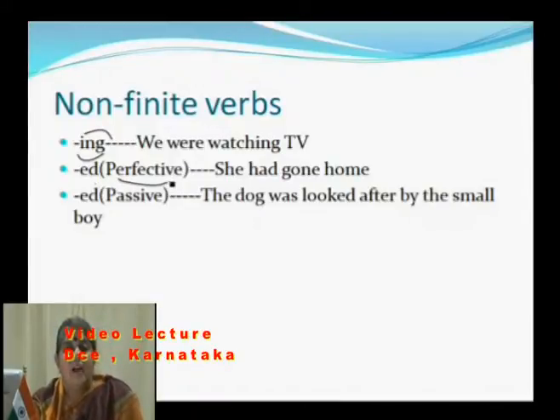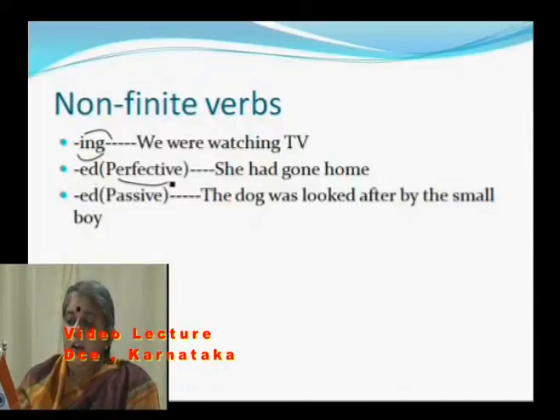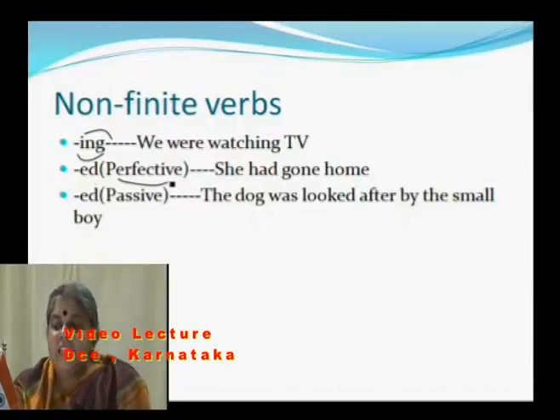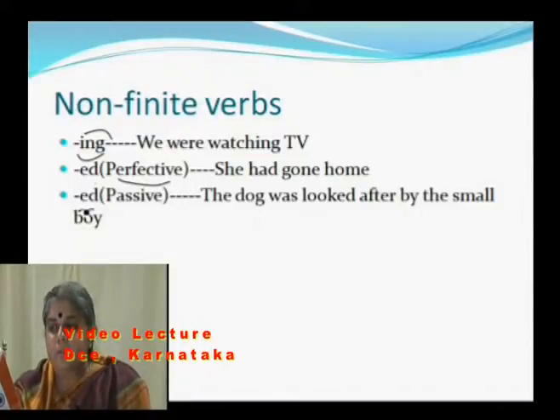You remember, a moment ago I told you three auxiliary verbs that occur in the perfective aspect: have, has, had. Along with that, the verb takes the past participle form. So, it is the perfective aspect. So, here perfective. Third one is it takes the passive form, that is the ed form, the passive ed form.